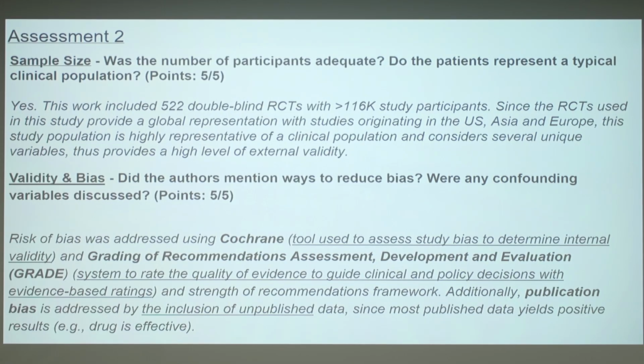Were any biases mentioned? They talk about ways to reduce them. Yes, they used two different approaches. The Cochrane approach and the GRADE scale are methodologies used to basically assess the stringency of data.